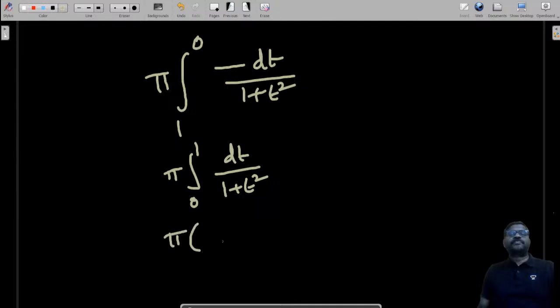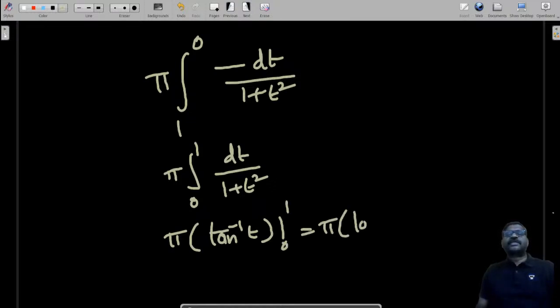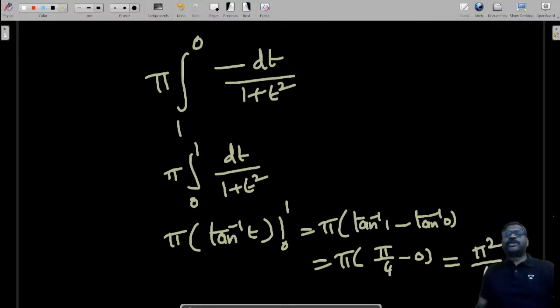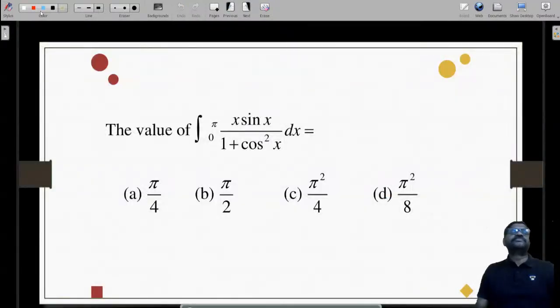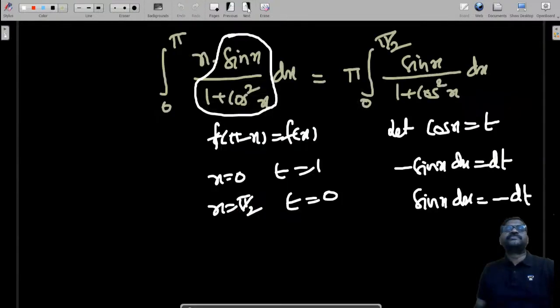Pi into tan inverse t from 0 to 1. Tan inverse 1 minus tan inverse 0. Tan inverse 1 is pi by 4. Pi into pi by 4 is pi square by 4.